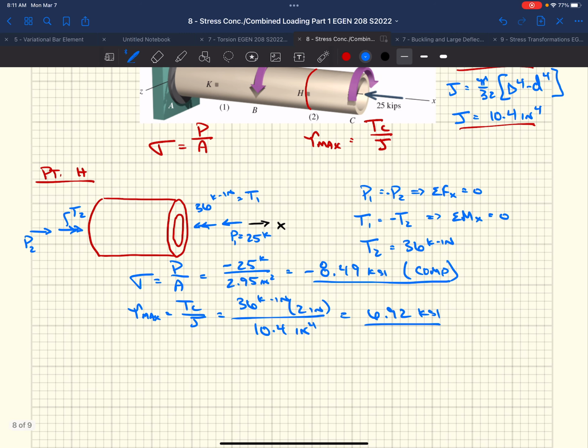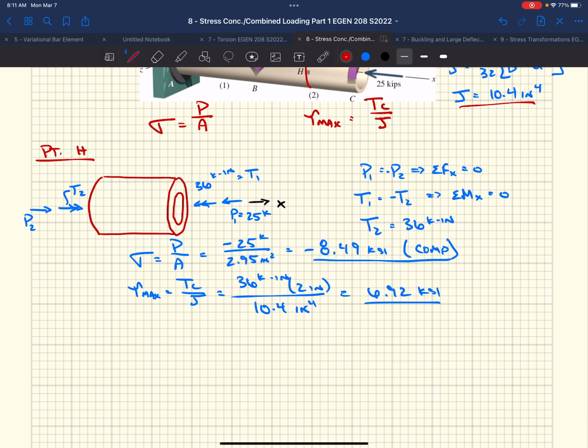So those are our stresses. Any questions there? Is that 2 inches? For the radius, yes. Yep. It'd be the diameter over 2, 4 over 2.